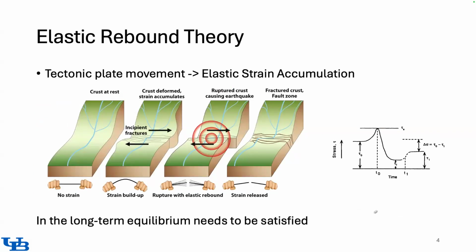So you have your at rest conditions, and then as this side is moving this way, and this side is moving this way, and you know the slip rate, that's proportional to the strain that is occurring within a unit of year. That's how much energy, essentially elastic energy, you have locked in the fault. And then when you have an earthquake, you release that energy. So if you don't have only one earthquake, but a number of earthquakes of different magnitudes, the total amount of energy that these earthquakes release has to be equal to all the energy that has been accumulated in the fault through the deformation.